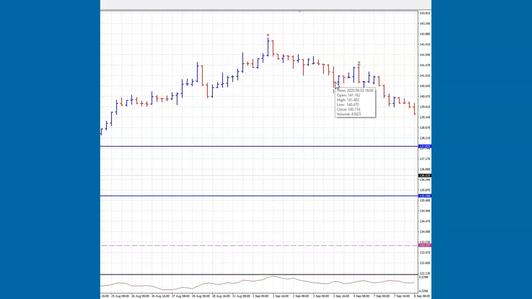We need a high that's a 5-bar high in order to lock that bottom in, say that's wave 1. Okay, so this bar comes in here, it's a 5-bar high. 1, 2, 3, 4, 5. Okay, it's a high higher than the past 4 bars, so it's the 5-bar high.